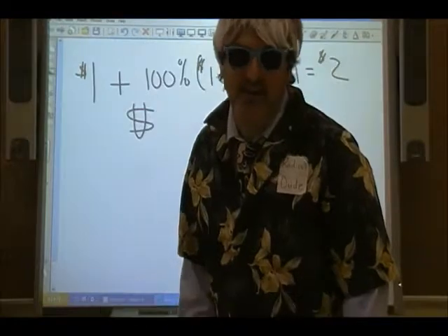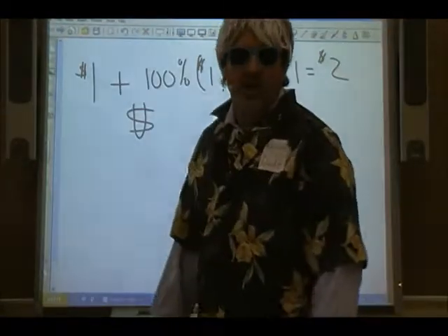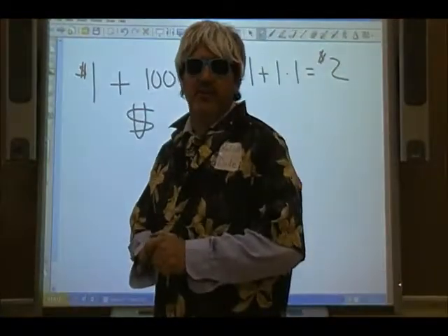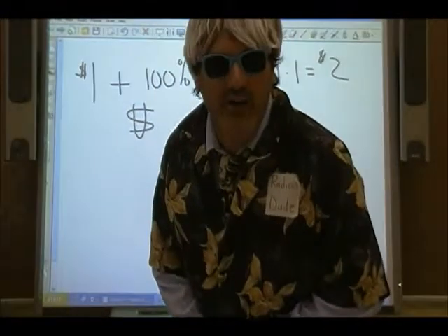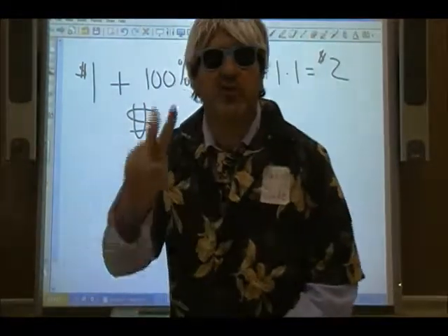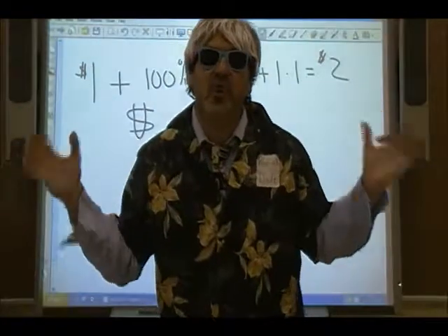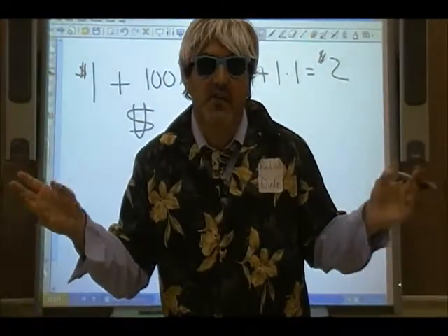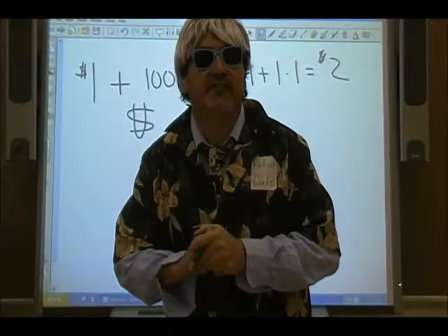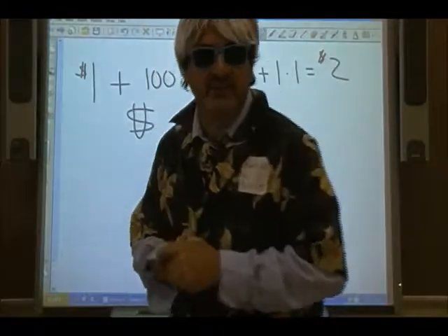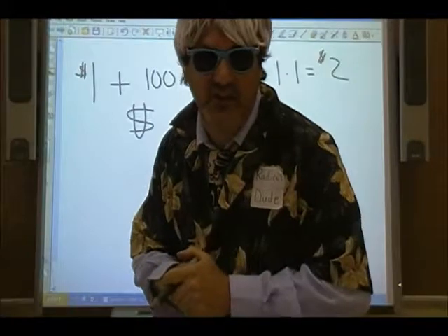So just say you get $2 after a year. Wow, that's pretty good. And some other bank says, you know what we're going to do? That bank only does it once a year and checks your interest. We're going to do it twice a year. But since it's 100% for twice a year, then we're going to do it 50% for 6 months. Every 6 months. Now let's see if that's a better deal.